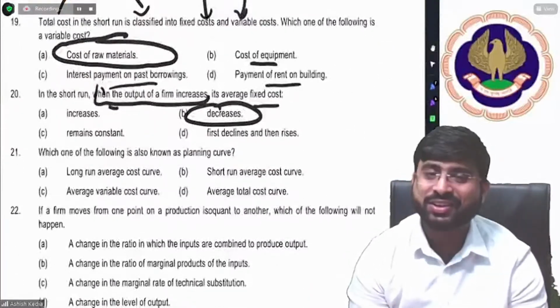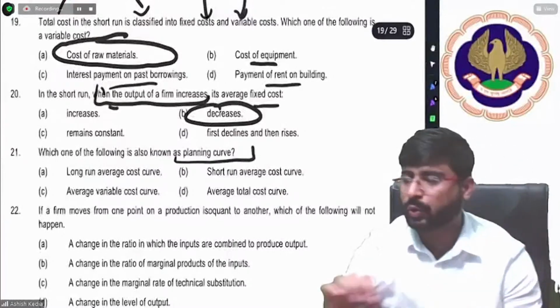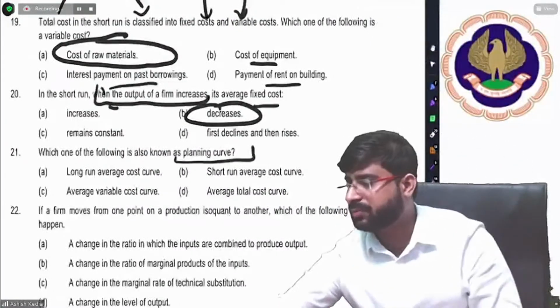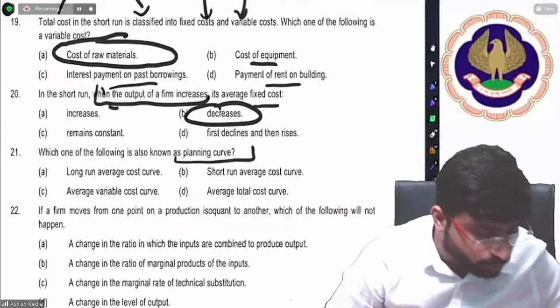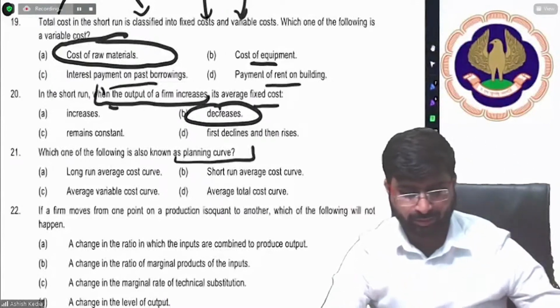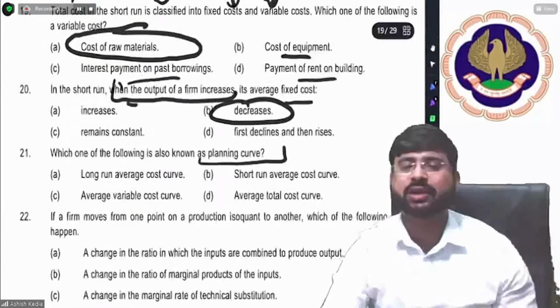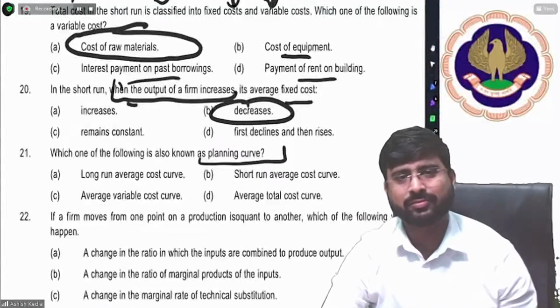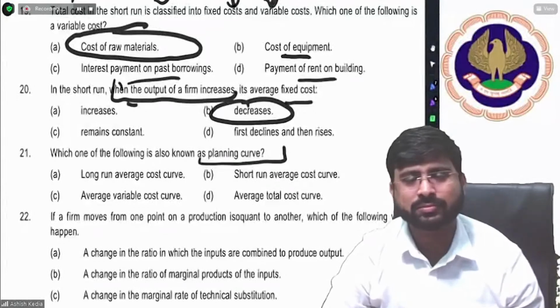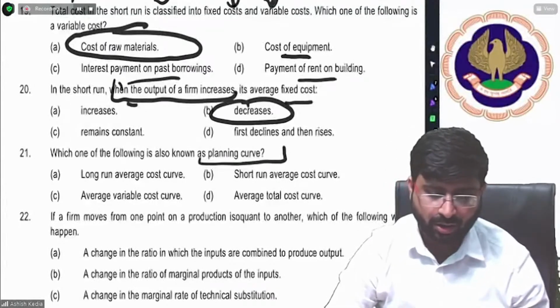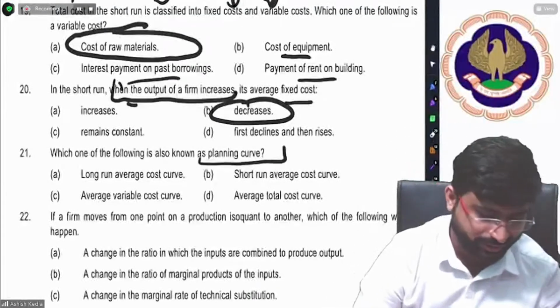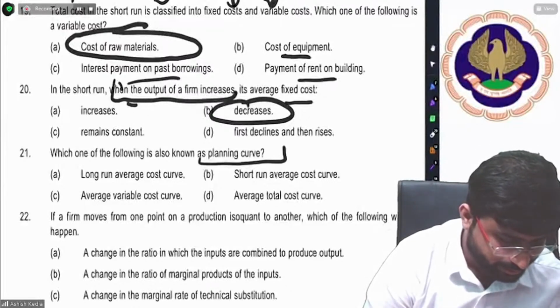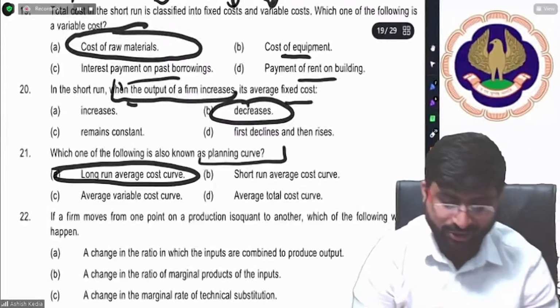Next, good question. Which of the following is known as a planning curve? Yes, long run average cost.